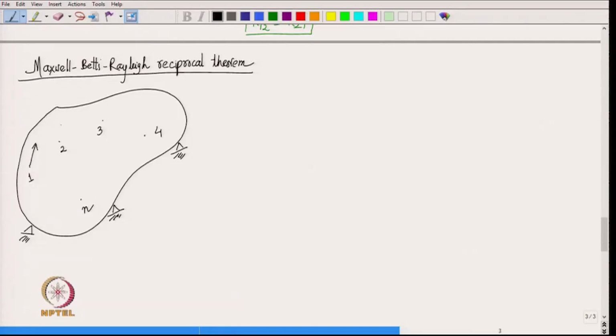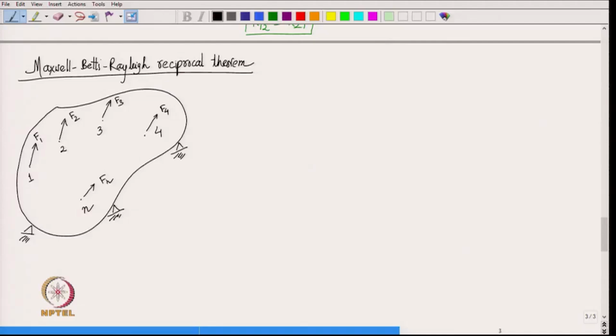and we have various forces. So, we have F1, F2, F3, F4 and Fn, and we also measure the corresponding displacements at each of the points. Okay.